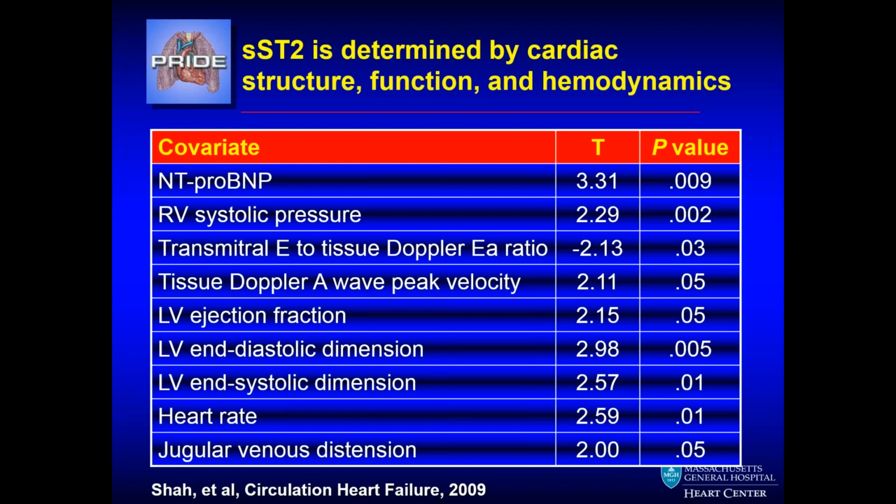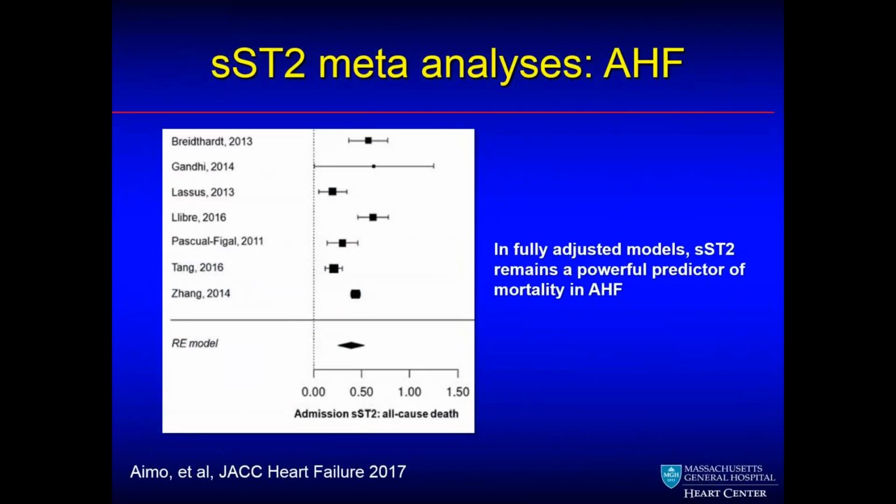When we look prognostically at what ST2 tells us, this is a meta-analysis we just published about a year ago in JACC Heart Failure, looking at the various studies that have examined concentrations of ST2 as a predictor of mortality in acute heart failure.